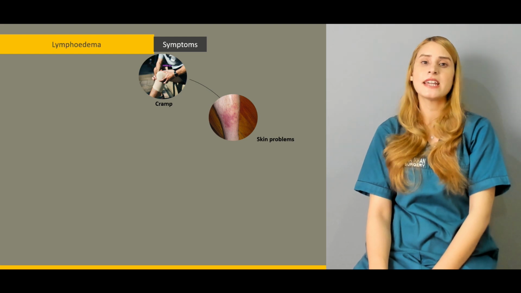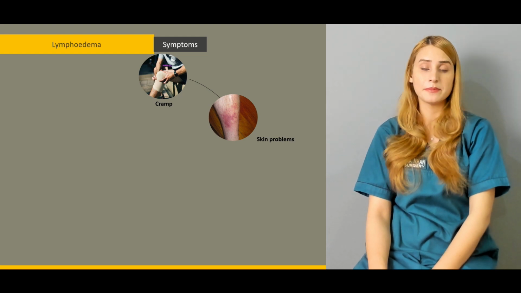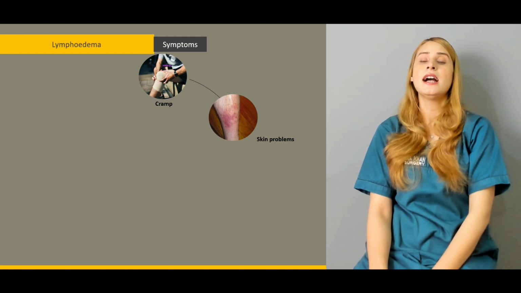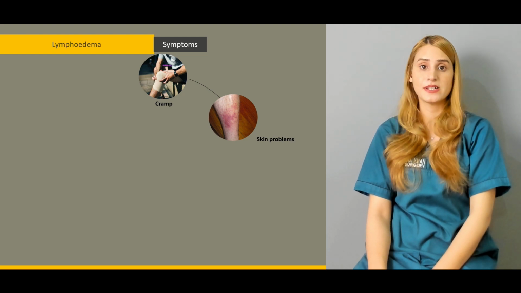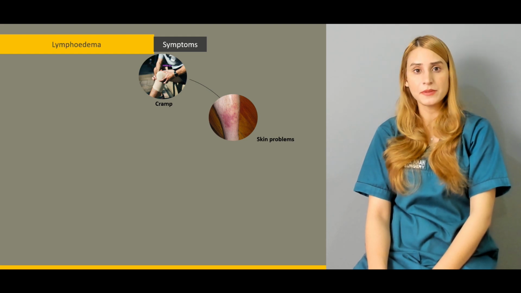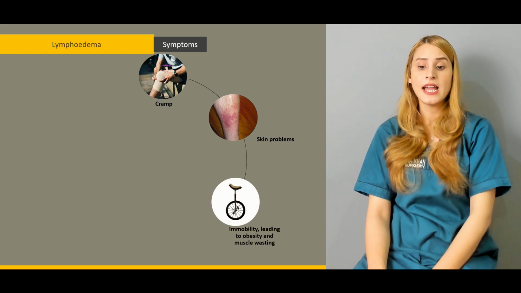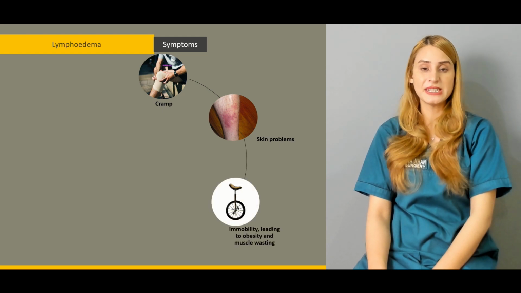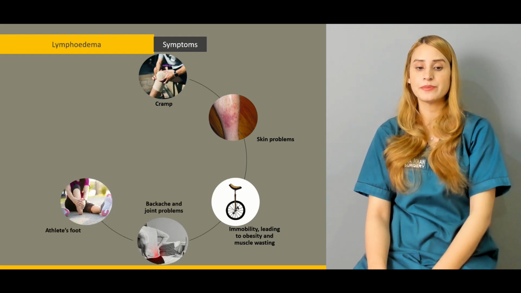There would be associated skin problems as well, because there would be dermatophytosis, dermal thickening as well. And in the later stages, there's activation of the keratinocytes, and there's fibrosis, and some kind of skin problems as well, like eczema and dermatophytosis, immobility leading to obesity and muscle wasting. There would be back pain and joint problems.